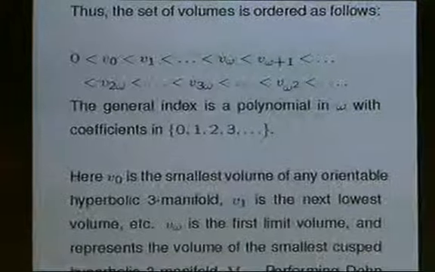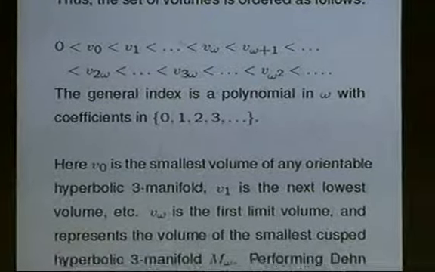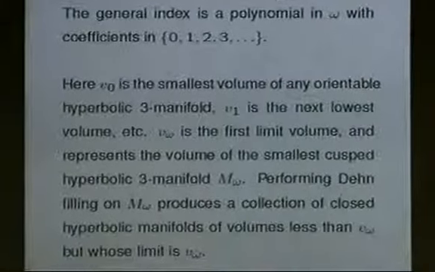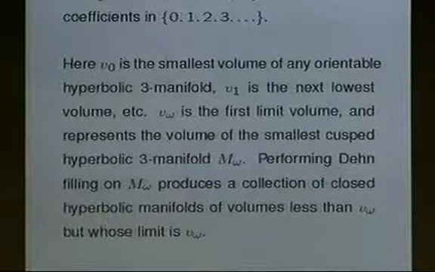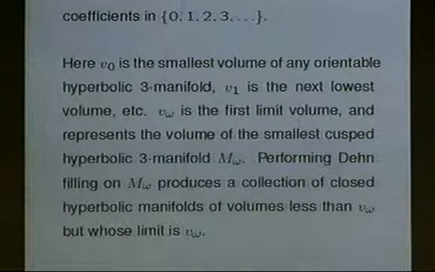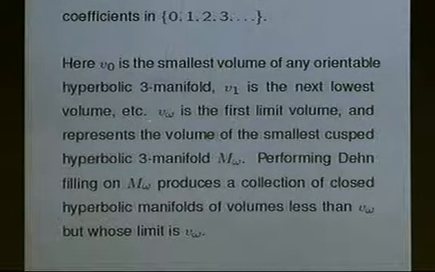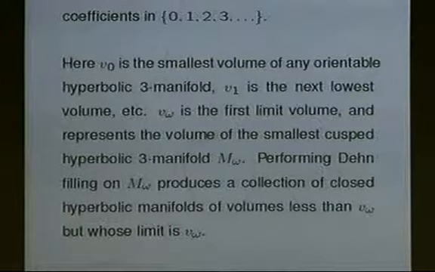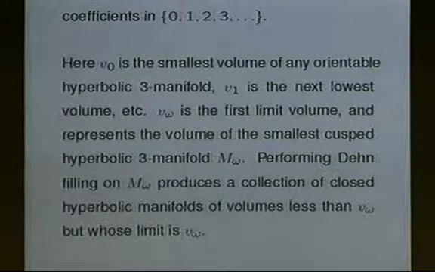So this raises lots of natural questions. You can ask about what are the smallest volumes for different kinds of manifolds. So V0 is going to be the smallest volume. V1's the next smallest. V omega is going to be the first limit volume. And that actually represents the volume of a cusped hyperbolic 3-manifold.